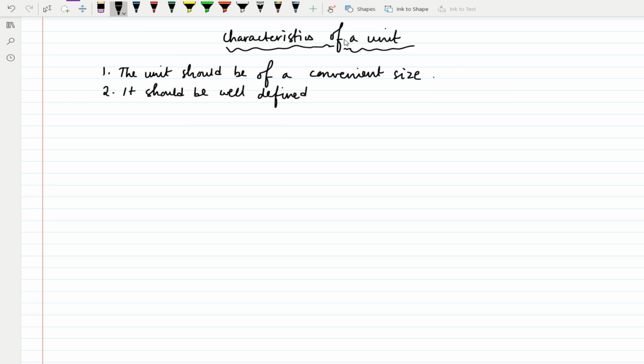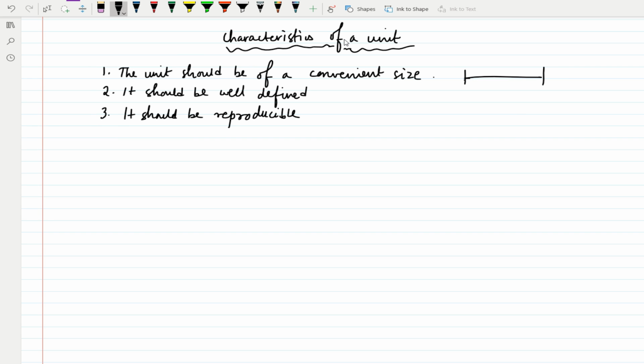Okay, the third one is it should be reproducible. Now, what do you mean by reproducible? Now this unit which we are taking as 1 meter, suppose this has already been defined somewhere in Paris. It should be reproducible in the sense that every time we want to measure anything, we don't have to go to Paris.